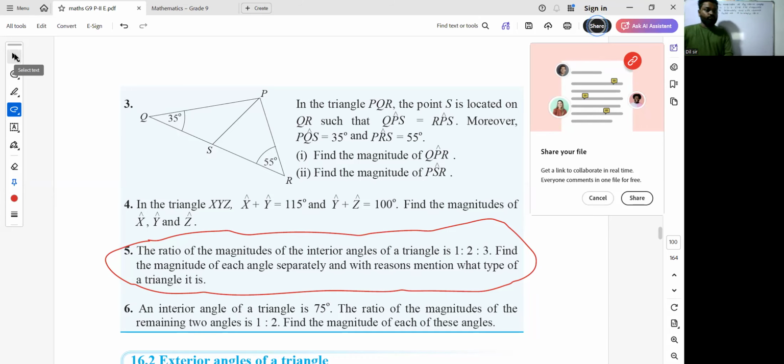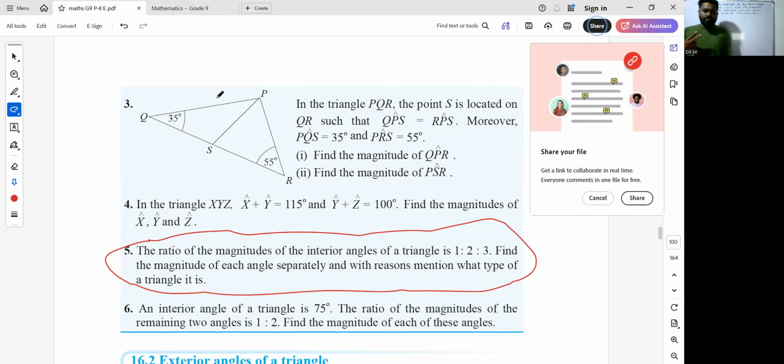The ratio of the magnitudes of the interior angles of a triangle is 1 to 2 to 3. Find the magnitude of each angle separately and with reasons mention what type of a triangle it is.